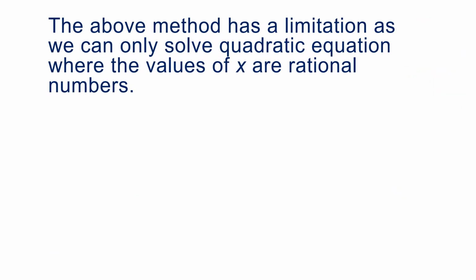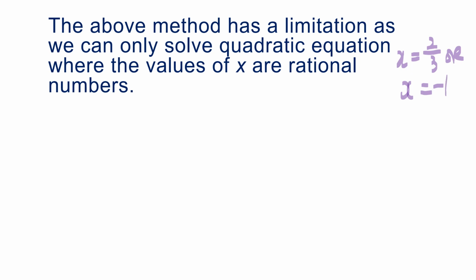Right, so the above method that we have applied to solve the quadratic equations has a limitation. If you recall, most of the time the values of x are rational numbers. Rational means fractions, for example x equals 2/3. It can be an integer, x equals negative 1.